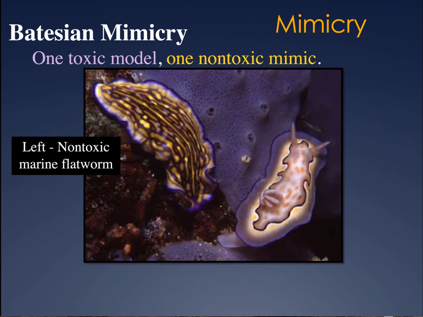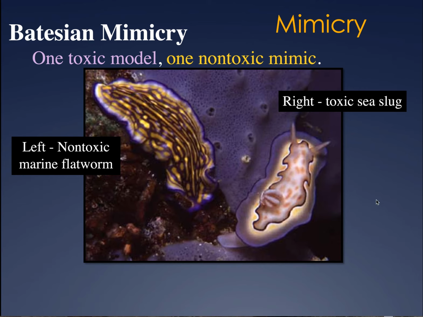Oh, I got it backwards. On the left is the non-toxic, and on the right is the toxic. By the way, notice that these are not closely related species. This is a member of Platyhelminthes. This is a member of Mollusca. These are two completely different phyla. This is a flatworm. This is a sea slug, for goodness sakes.